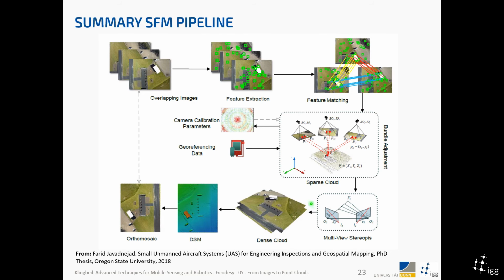So we can generate a very dense cloud, and this is then the final result of the structure from motion pipeline. Afterwards, which I haven't talked about at all, this point cloud can usually be used to generate digital surface models or orthomosaics, which are often used. We will not go into details for this.